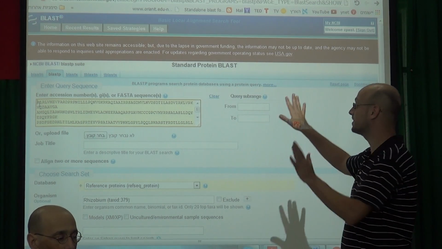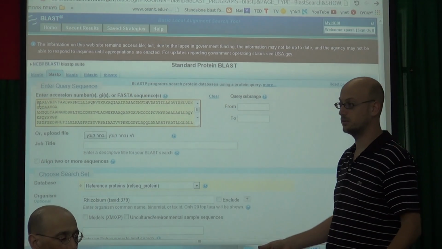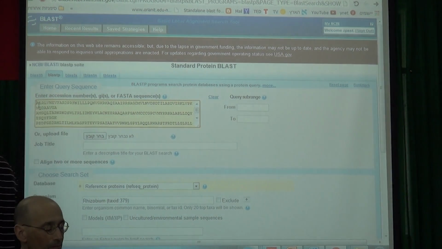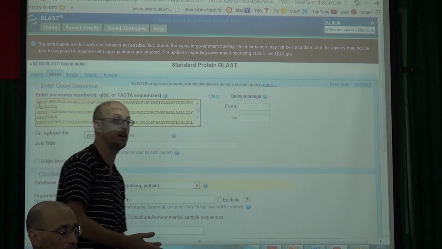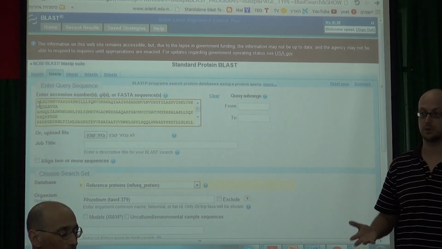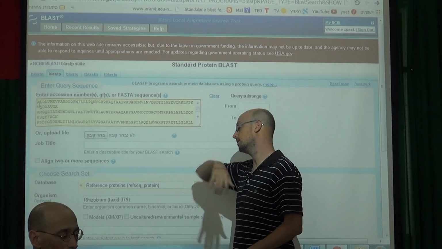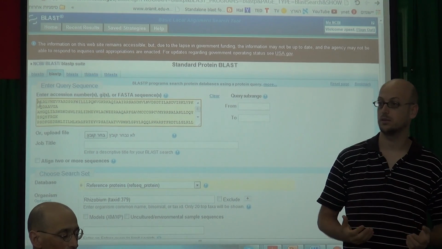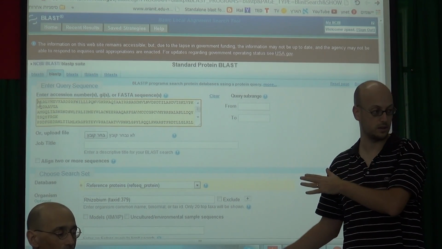For example, if this is a new sequence that we discovered from a new bacteria or from a new protein, we have no idea what it is. We want to identify who is this protein or who is this bacteria, and we just put in the sequence, and we want to tell the database, tell me what does my sequence look like.